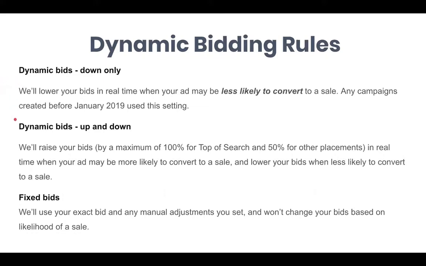Now, the interesting one is the new addition of dynamic bids up and down. It says, "We'll raise your bids by a maximum of 100% for top of search and 50% for other placements." By other placements, they mean either product pages or rest of search, in real time, when your ad may be more likely to convert to a sale.